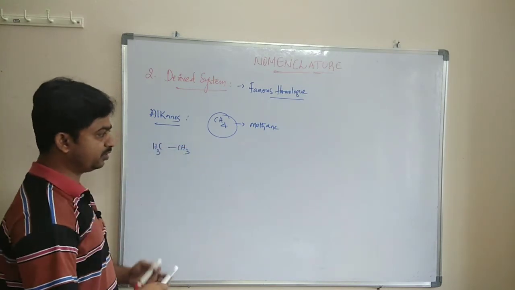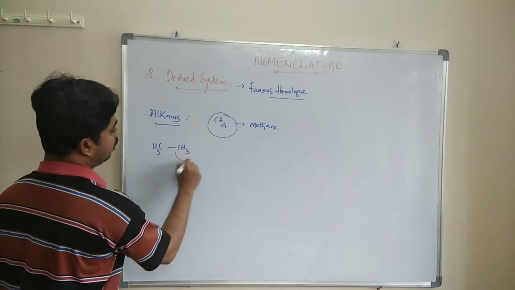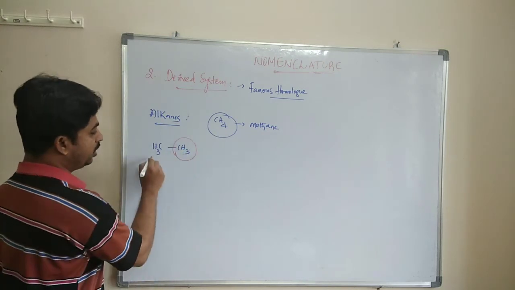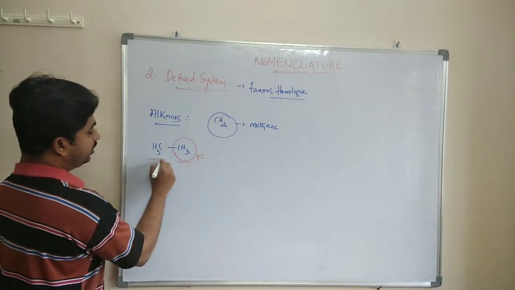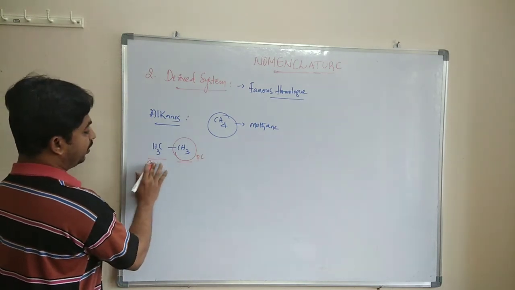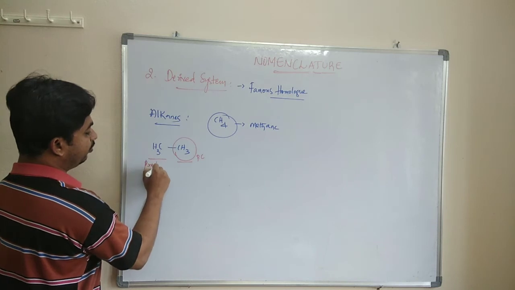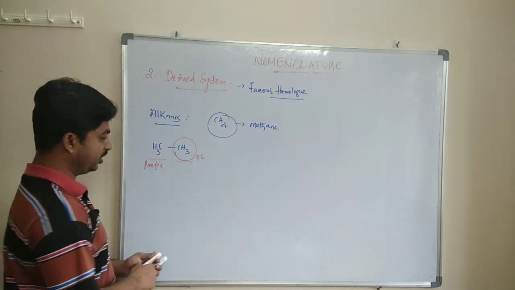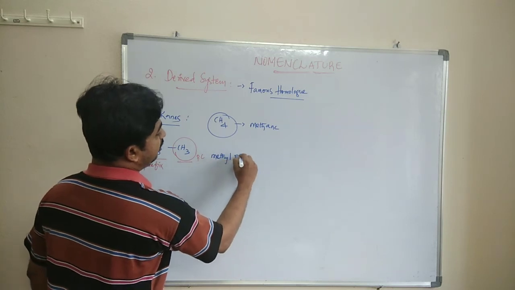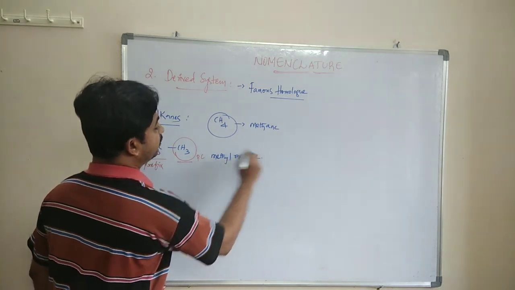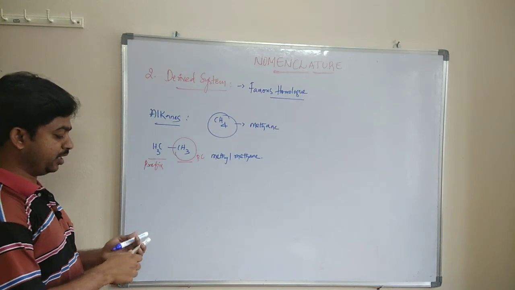So what is the name of this one? Identify the famous homologue first. This is the famous homologue. Then it becomes the parent chain and this becomes the prefix. So methyl methane is the name of this one. So like this we can give the names.